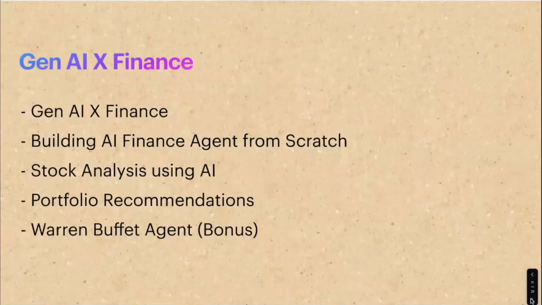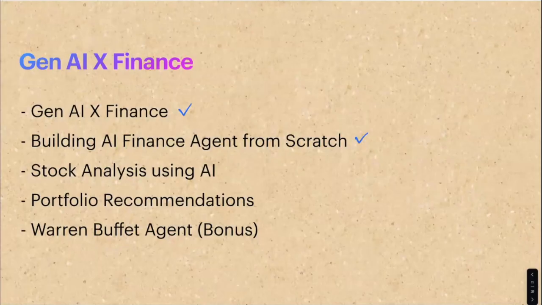So what exactly are we going to discuss today? First I'll try to give an idea of how people are using generative AI in finance these days. And we'll start from very basic. I'm assuming that none of you might have created an AI agent before, or used an LLM directly in some project.